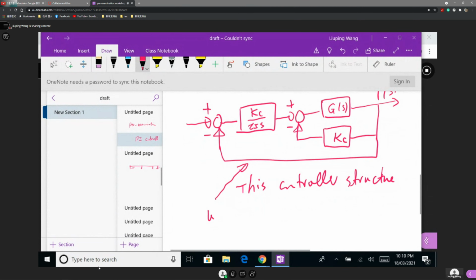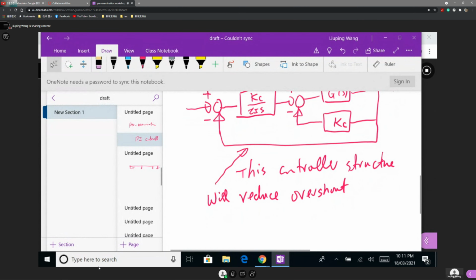If we put kc towards the output only, in the negative feedback, then with this structure we reduce the overshoot. What is overshoot? If you ask the system to do a step change, say a step change to 1, the reference signal is a step signal, and my output is going to go like this, overshooting the reference.